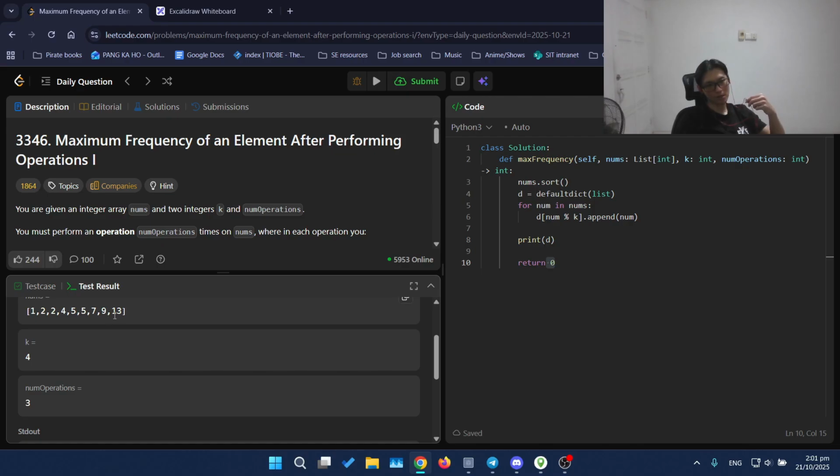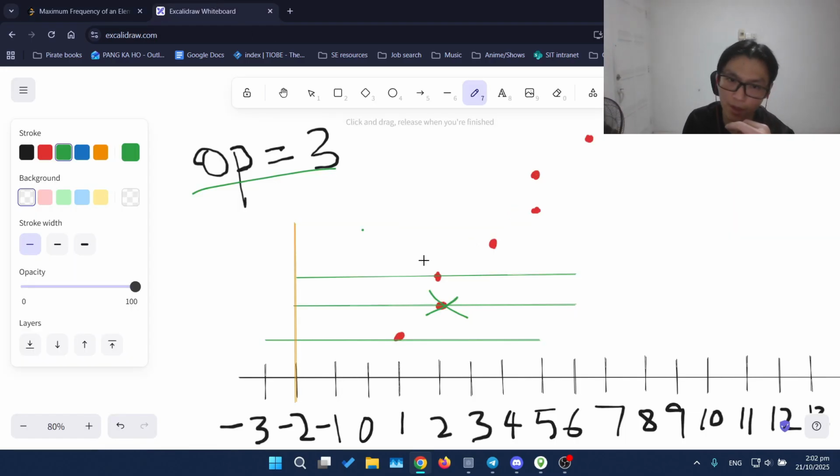Because what if the answer is clustered at the back and we just do the operations like that? Just do the operations like that, without caring. Which one do we give up?